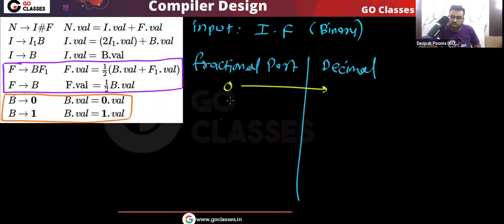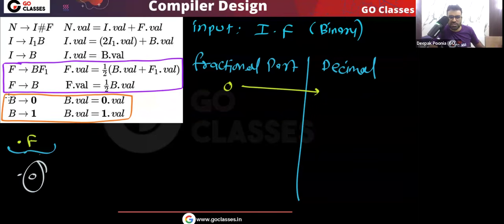Remember, ultimately we have this point f. If you have point 0, then what is the weight of this 0? That is 2 power minus 1. So can I say the decimal will be 0 by 2? Can I say like this?